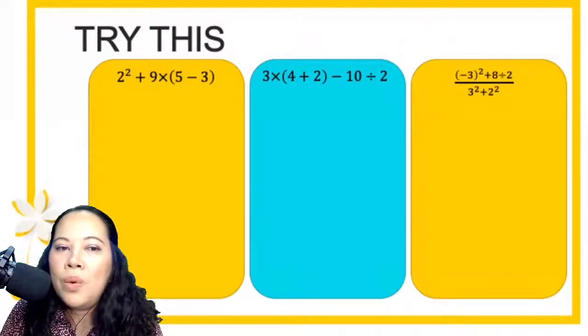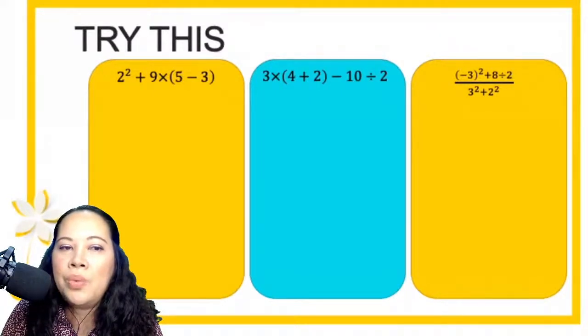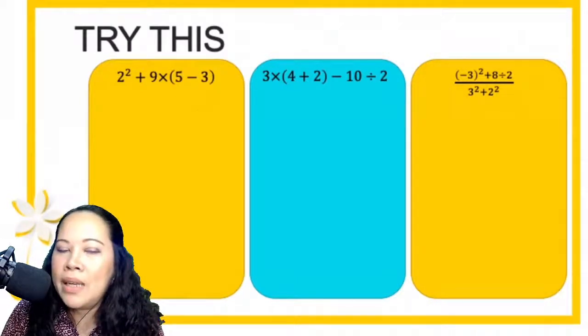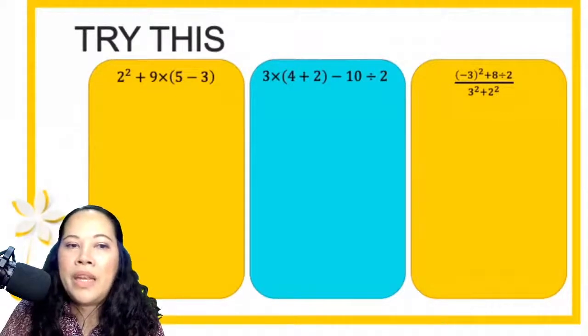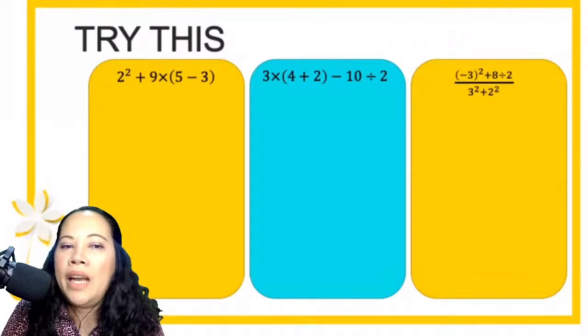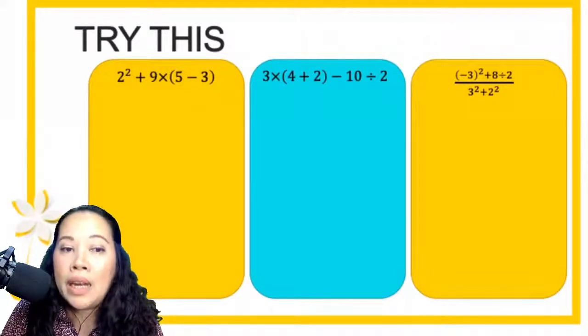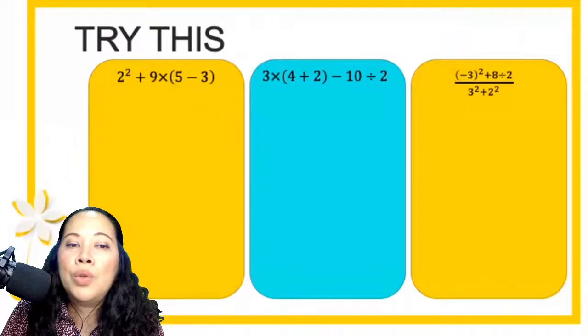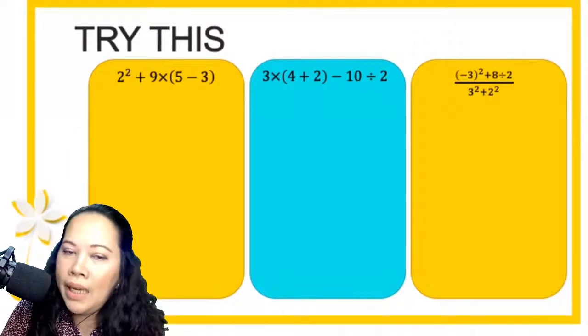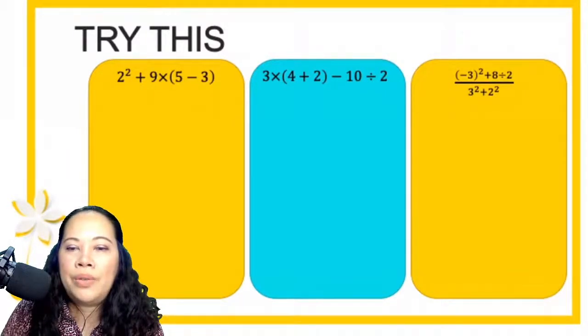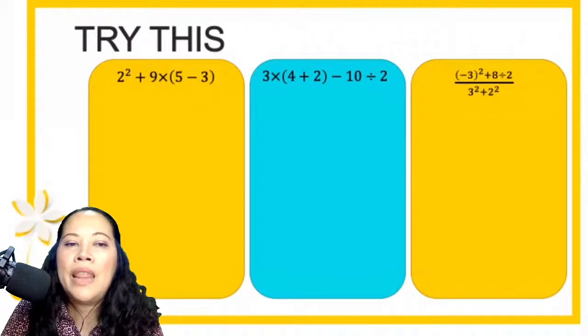All right, so our last set of questions, we have 2 squared plus 9 times bracket 5 minus 3. Okay, and then the other one would be 3 times 4 plus 2 brackets minus 10 divided by 2. All right, and then we have a fraction form.